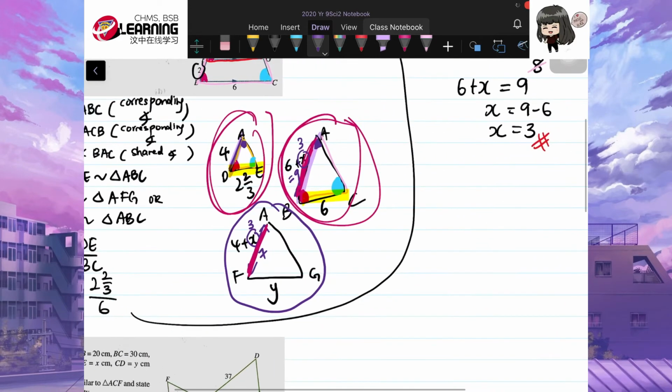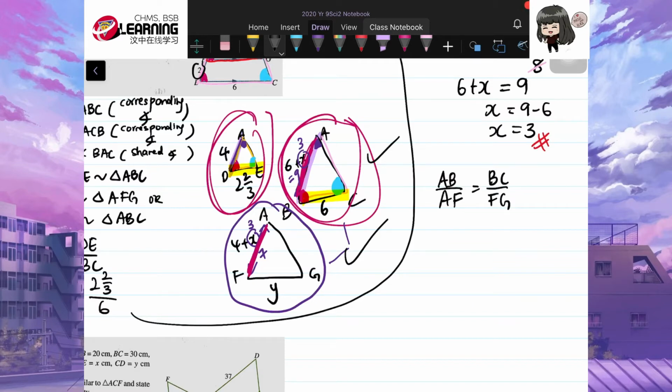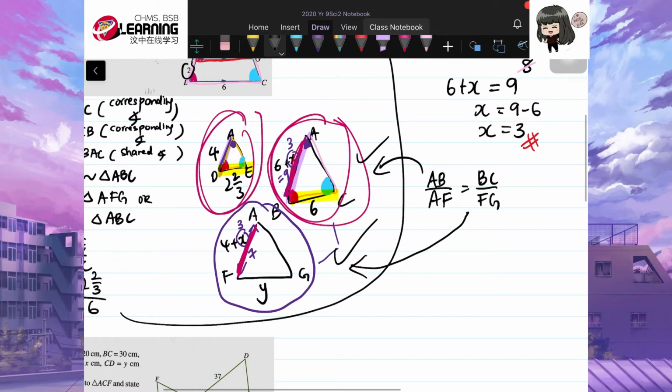I will use these two triangles over here, this and this. I will use the side ratio comparison: AB over AF equals BC over FG. This side is from here, and the side here is from this triangle. Then I substitute the values.